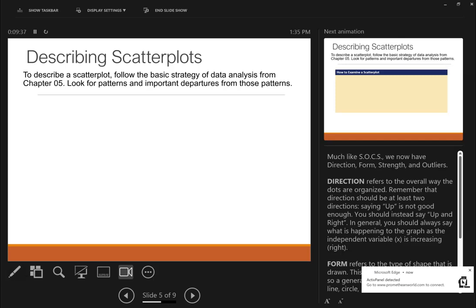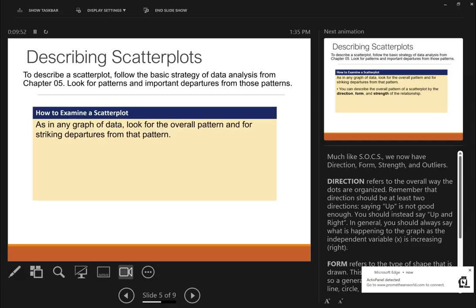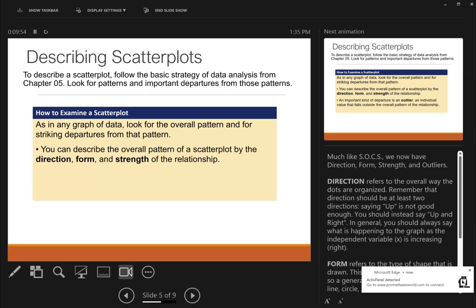Now we're going to talk about how to describe what you see in a scatter plot. This is 100% a quiz question, being able to describe what you see in a scatter plot using the correct vocabulary. So what we're looking for on a scatter plot when we're doing the description is a direction, form, and strength of the relationship.